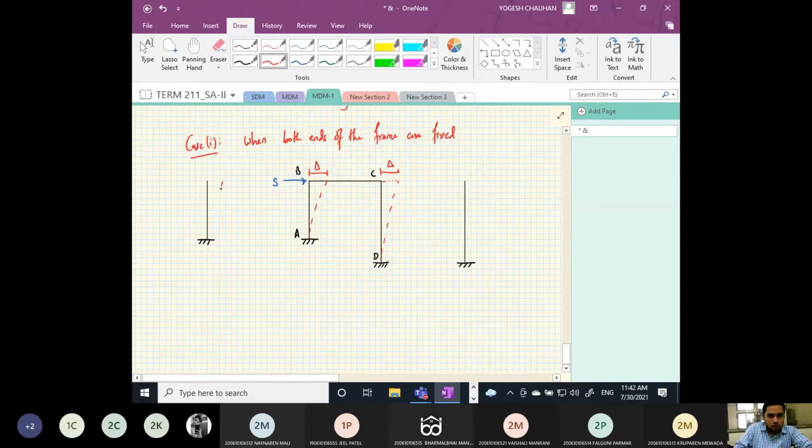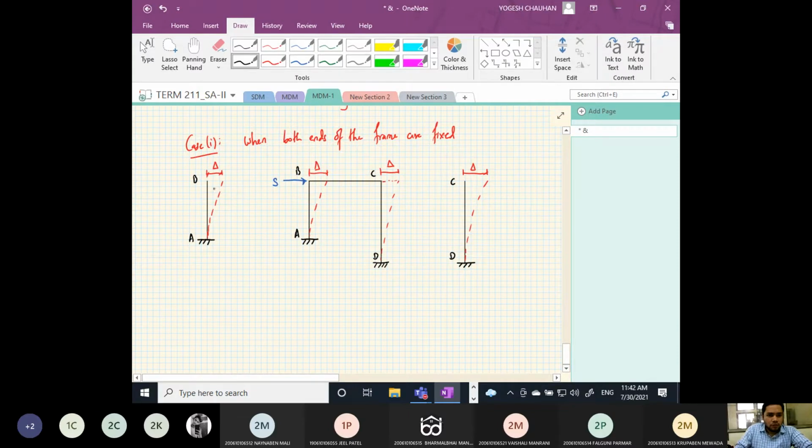This will sway like this. This will sway like this. This is also delta. This is also delta. This is A, B, this is C, and this is D.